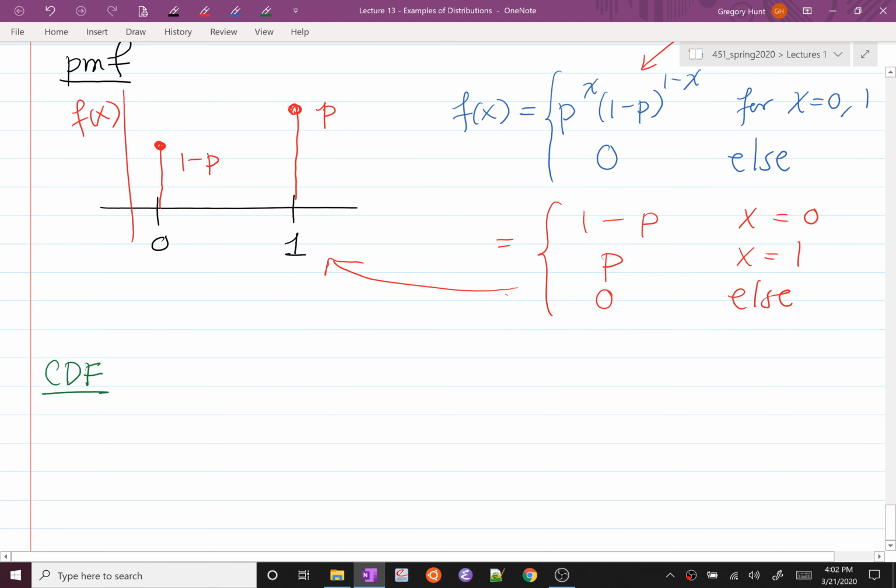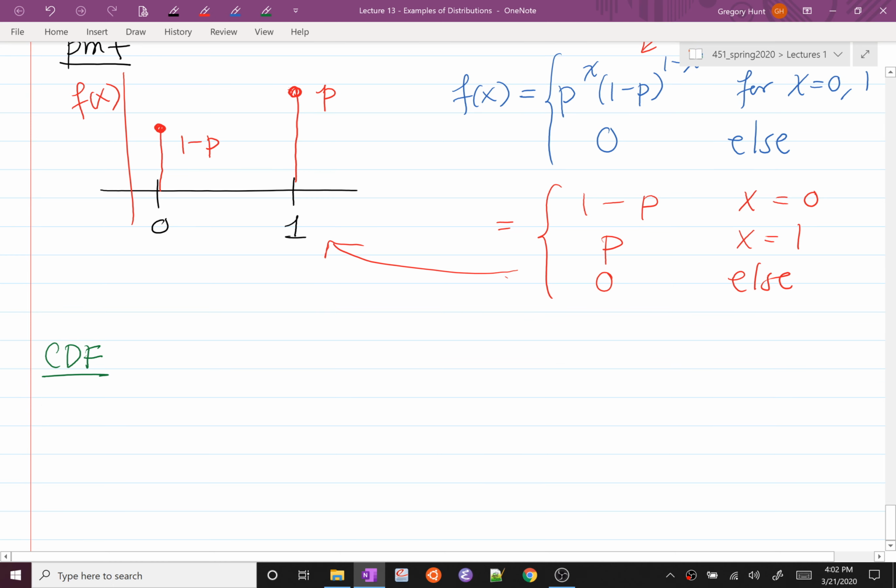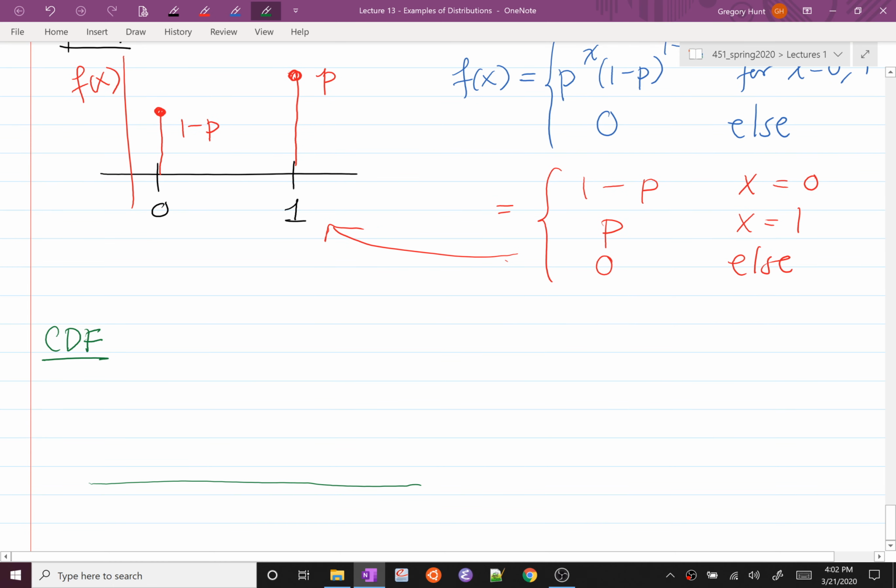So what's the CDF of this thing? Of course, we're just going to sum, all right? So let's just draw a little figure here. Here's our support, 0 and 1, and we're just going to sum all the values less than or equal to x.